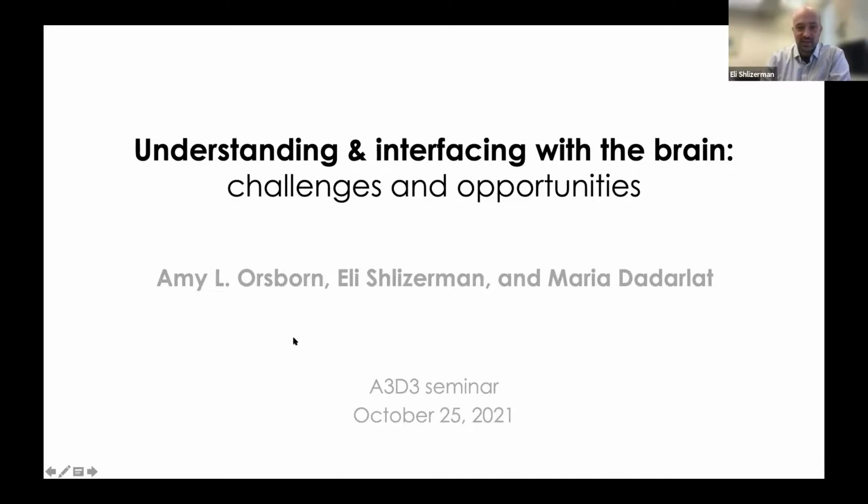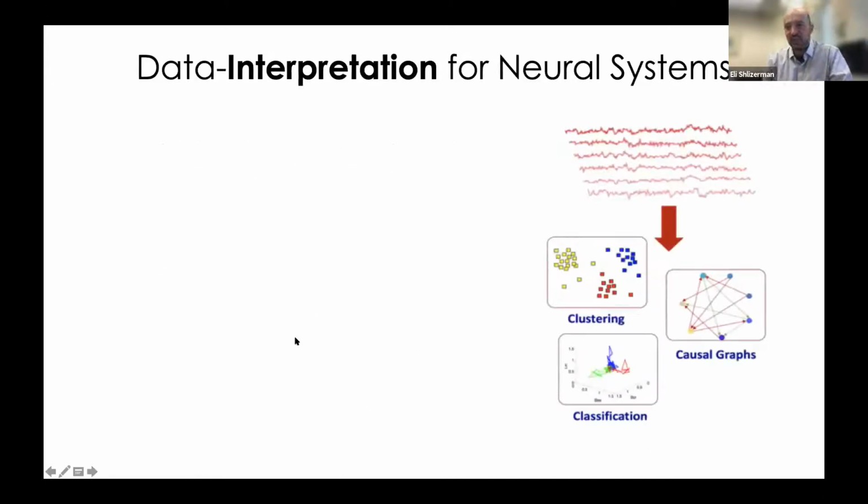I should say in the beginning that interpretation of data for neural systems is at an initial stage due to, as was described by Amy, still developing methodology to gather data and also behavioral experiments.